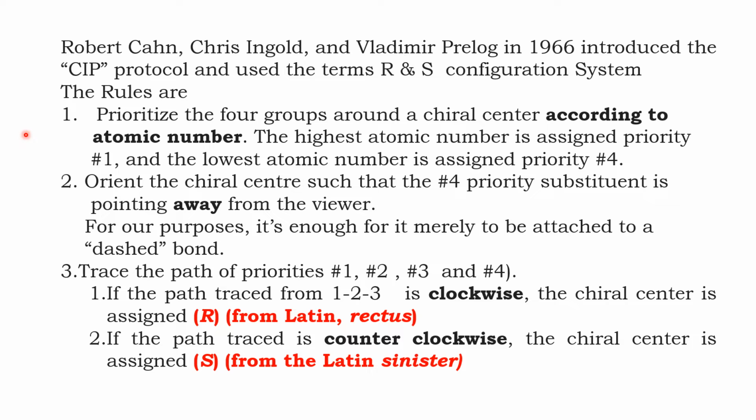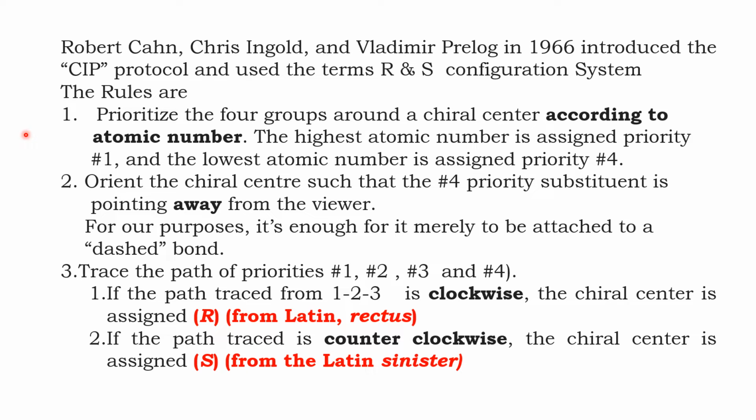So identify the atoms or group of atoms around the asymmetric carbon atom and give their priority based on their atomic number. Highest atomic number should get highest priority, while lowest atomic number should get lowest priority. The second rule is that keep the molecule in such a way that the least priority should be away from the viewer.